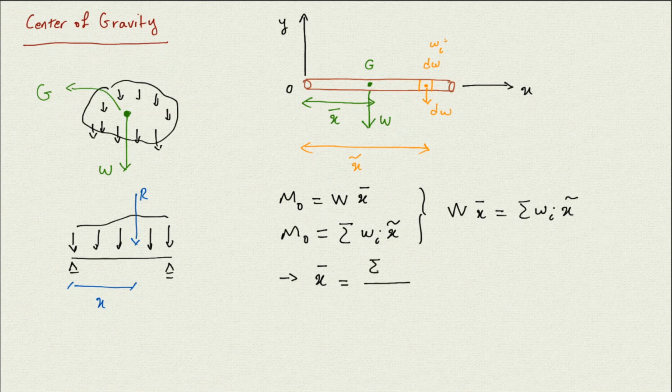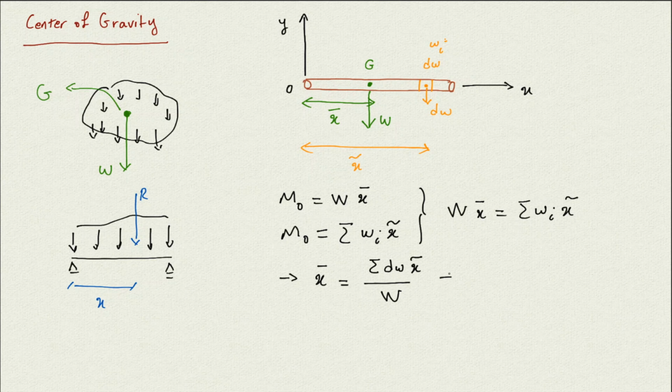So it's going to be sigma wi, the weight of that particle. The weight of that particle is basically dw, and the distance is going to be x, and then it's divided by the total weight.